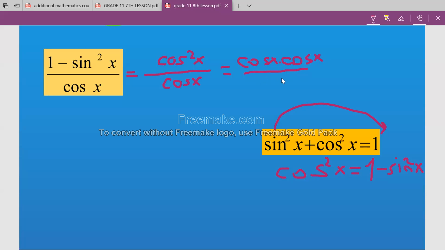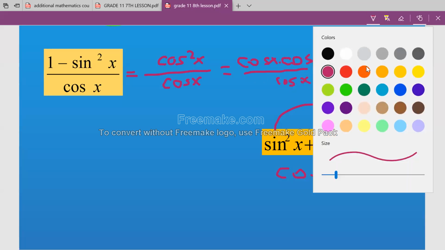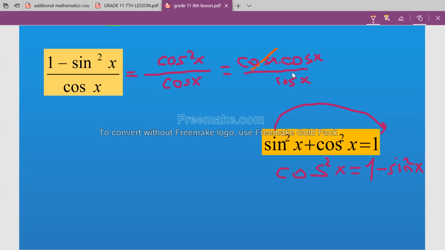So we prove that they are equal. That's all. So when you have questions asking you to prove trigonometric identities, you will use identities which are always true. And here is the answer.